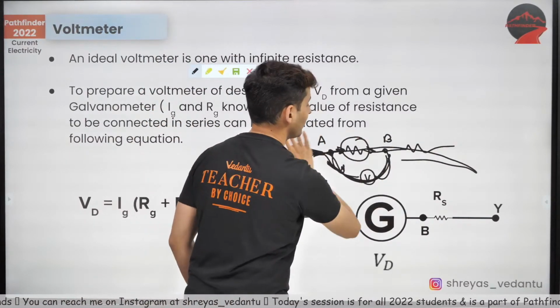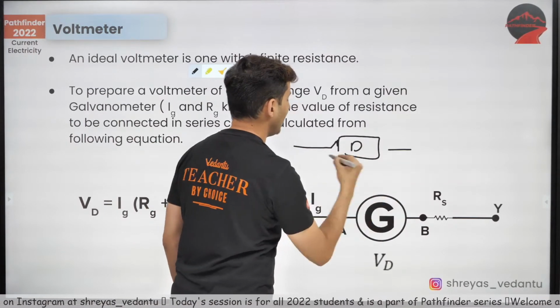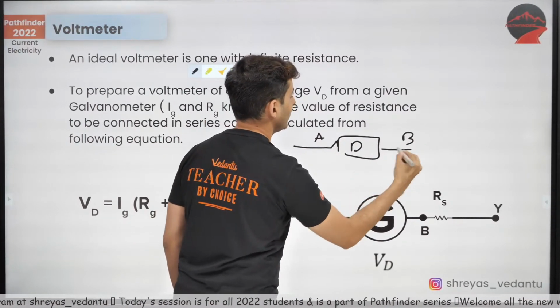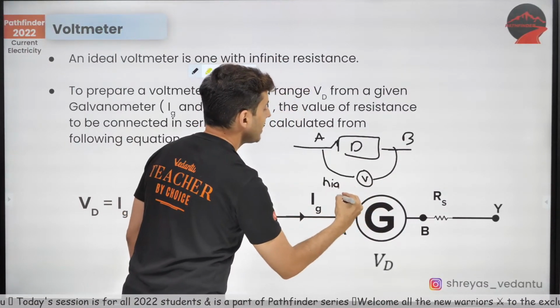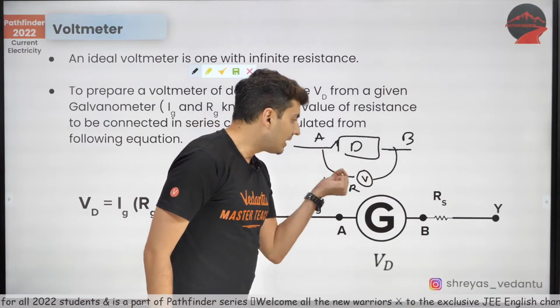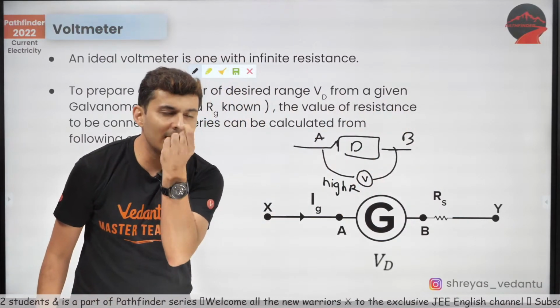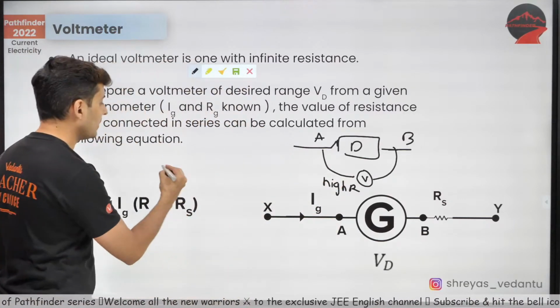So you don't want that. That's why whenever you have some device and you want to measure the voltage across it, you need to make sure that this voltmeter has very high resistance. Then the current flowing through it will be very, very minute. Now what happens inside a voltmeter?